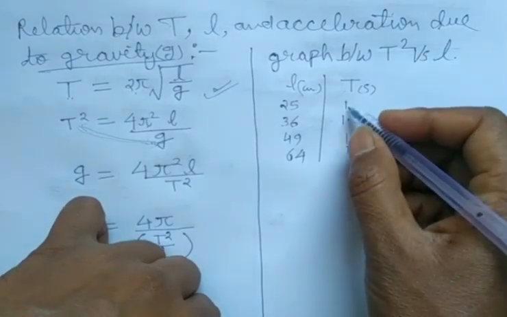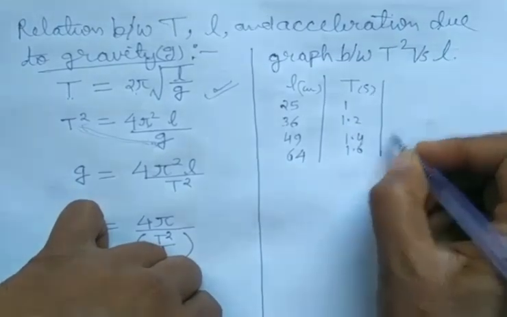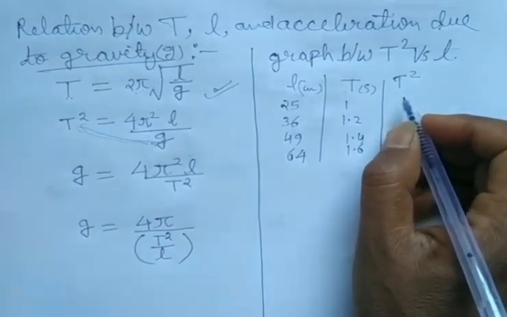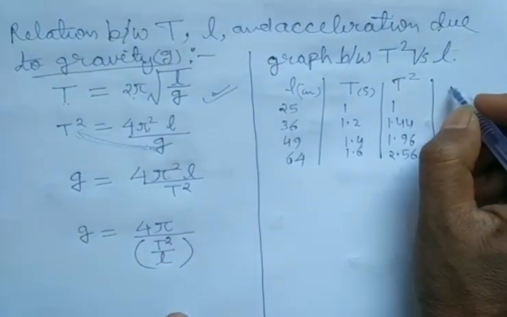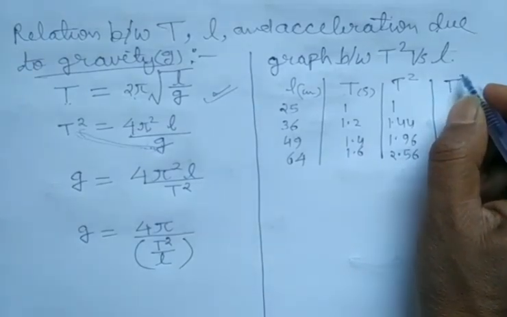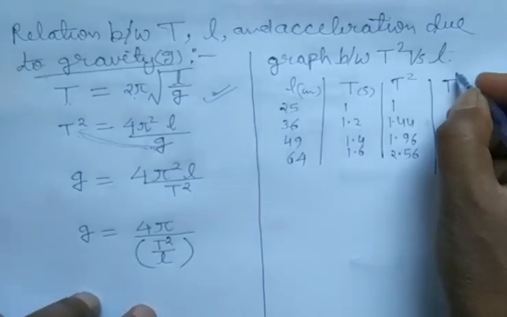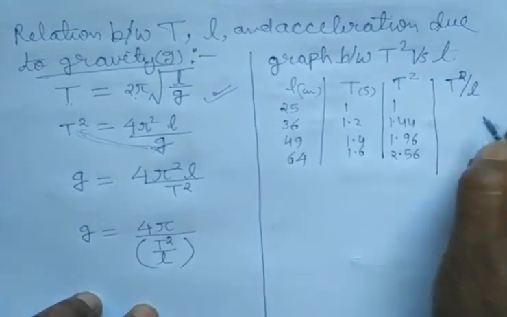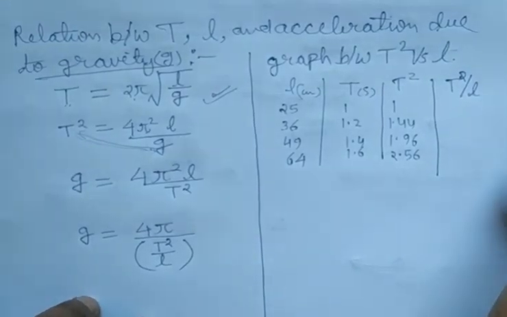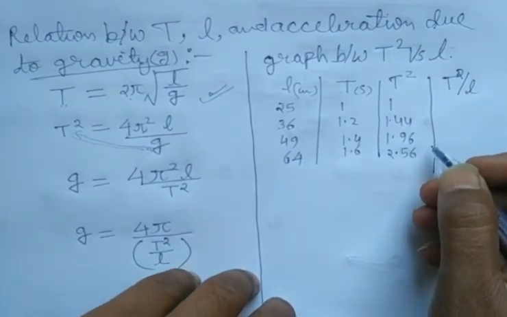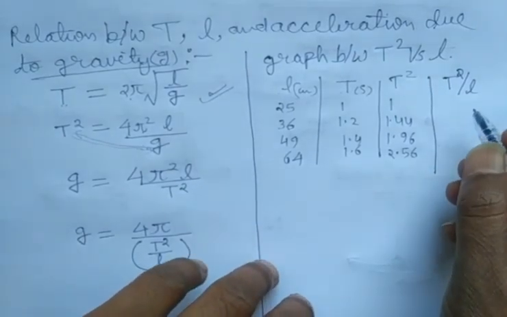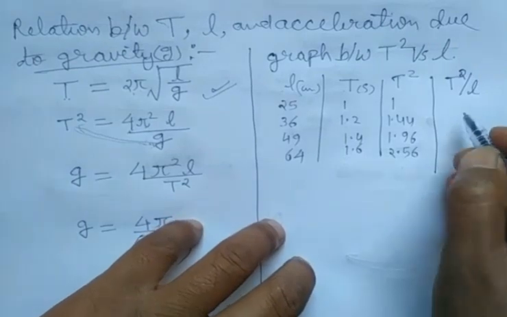Then you find the square of this, T square, and then find T square by L. Well, you can see your books. There they have done it L by T square, but actually T square by L will be much more convenient.